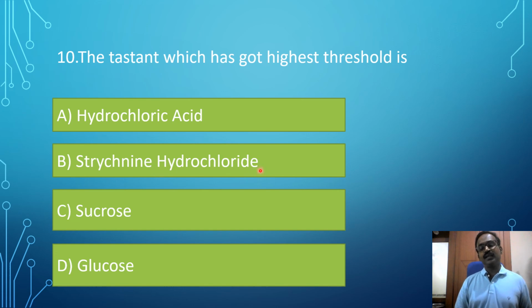This has a threshold around 1.6 micromole per liter. This is the wrong answer. Option C, sucrose. It has a threshold around 10,000 micromole per liter. This is also not the correct answer. Option D, glucose. It has the highest threshold value, 80,000 micromole per liter. So this is the correct answer.